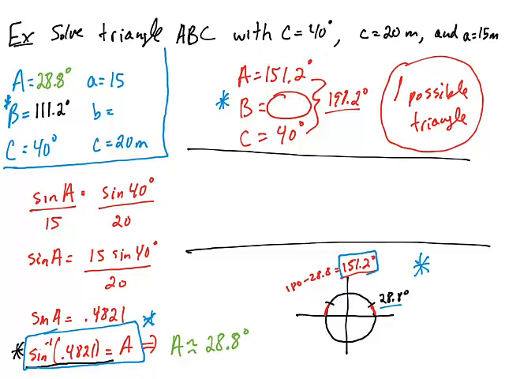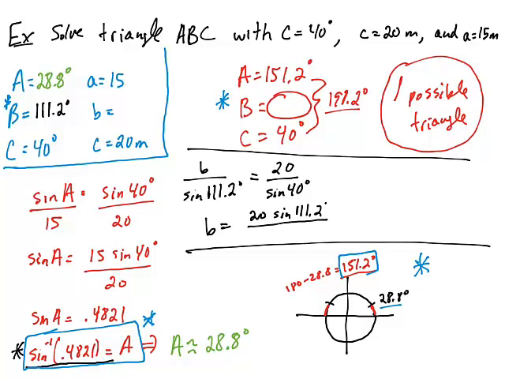Okay, and so now to find side B, I just use the law of sines. So side B over sine of 111.2 degrees, and then I can use either pair for that second fraction. Again, I like to use what's given to us, so this will be 20 meters over sine of 40 degrees. So B is going to equal 20 times sine of 111.2 degrees divided by sine of 40 degrees.